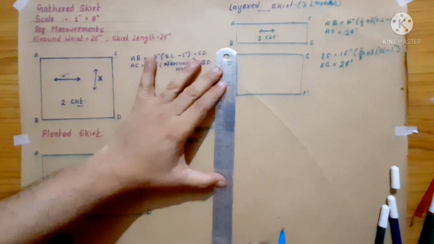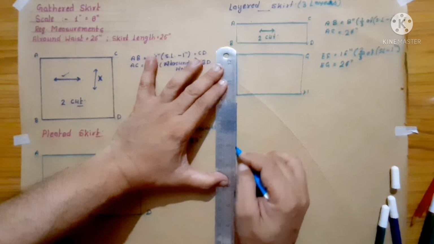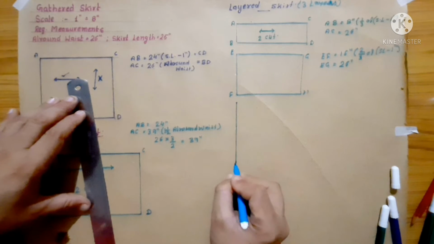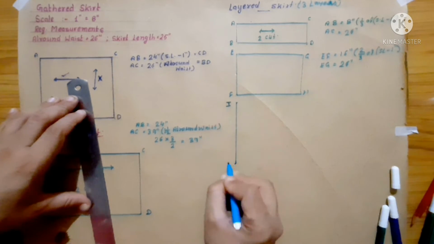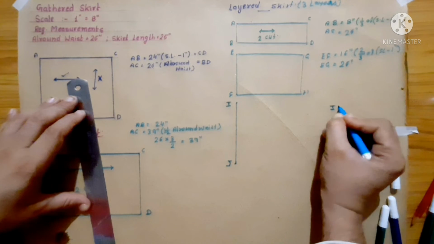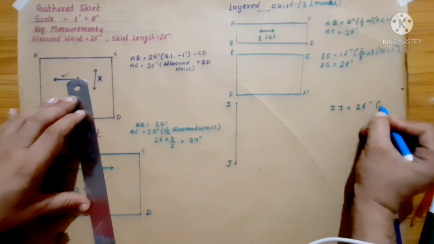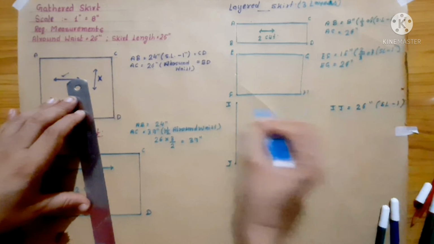Again we'll take a block, IJKL. Here IJ is equal to 26 inches, that is skirt length minus 1, right?